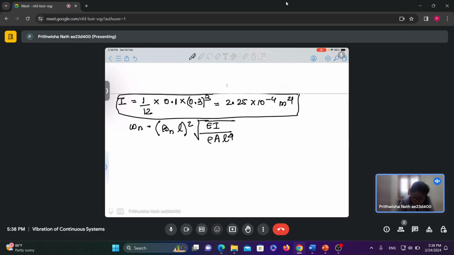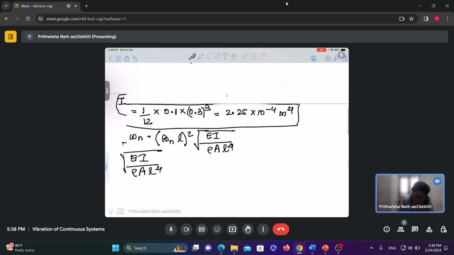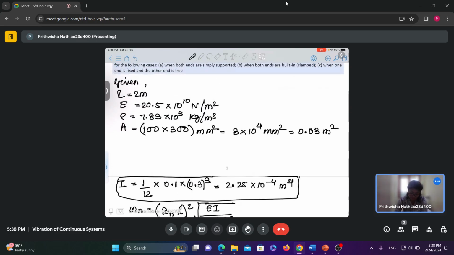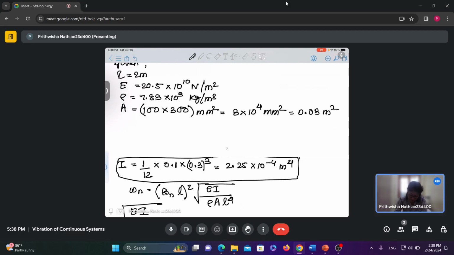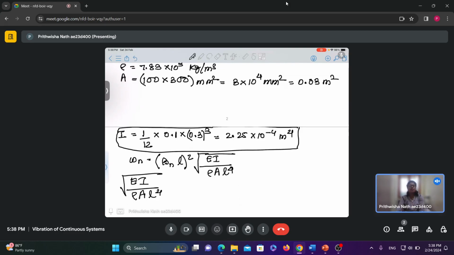Now first I'll calculate the terms in the square root. I will just substitute the values that I have. I have already calculated I, and I know the value of E, rho, A, and the length of the beam.